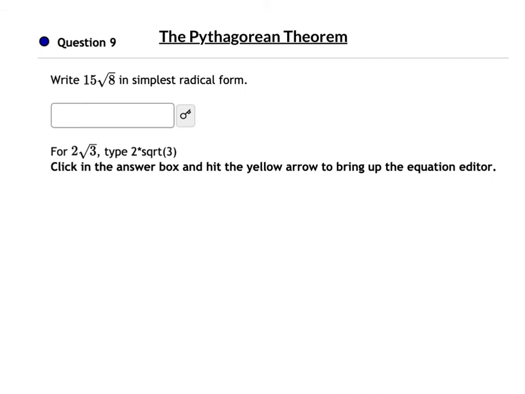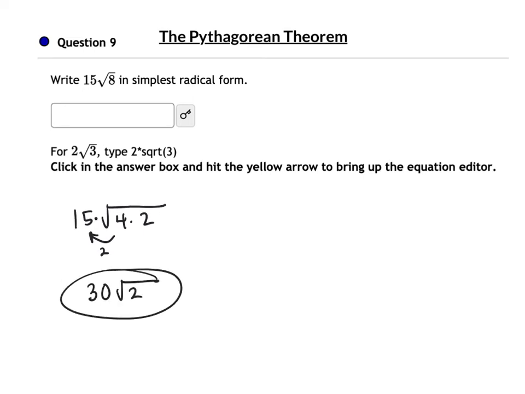That's also an easier one. That first perfect square on the list, 4, is in there. So I'll rewrite 15 root 8. It's 15 root 4 times 2. I can take the square root of 4. It goes out front as a 2. 2 times 15 then is 30. And 30 root 2, or 30 radical 2, is your answer.